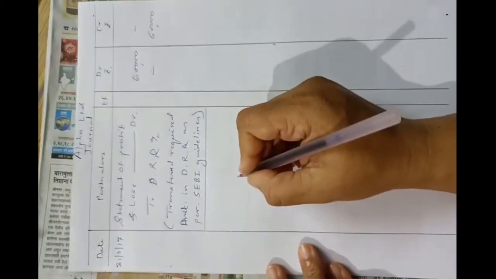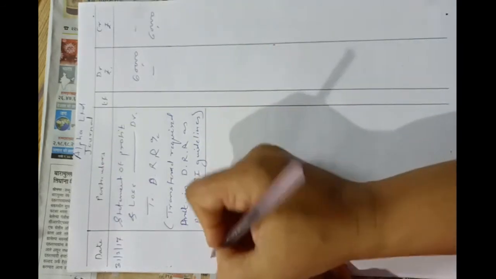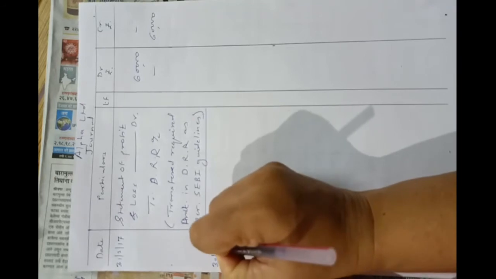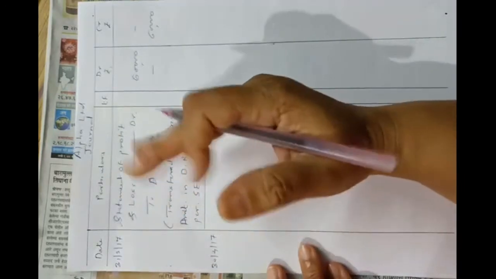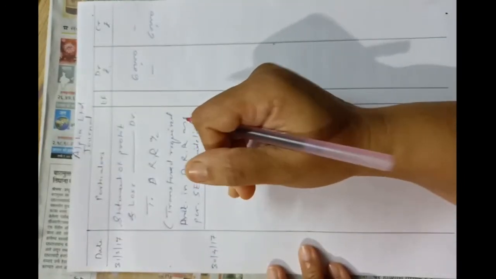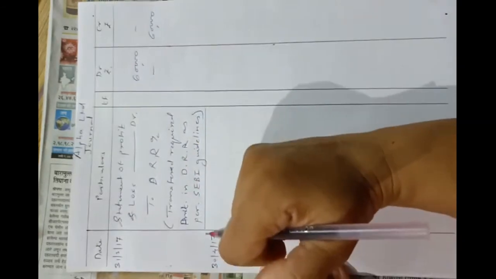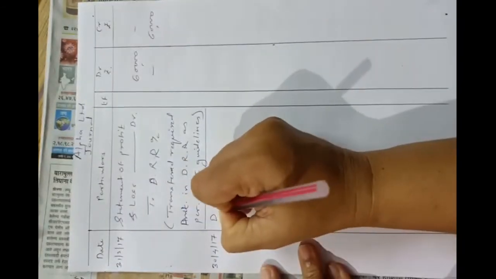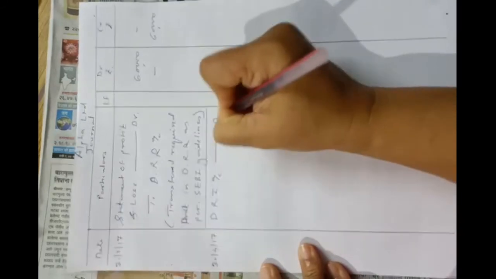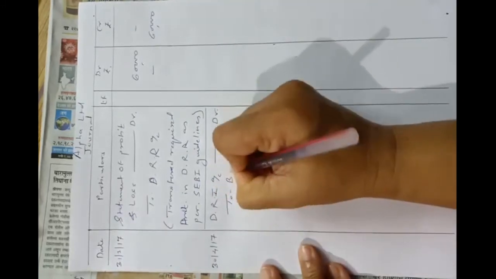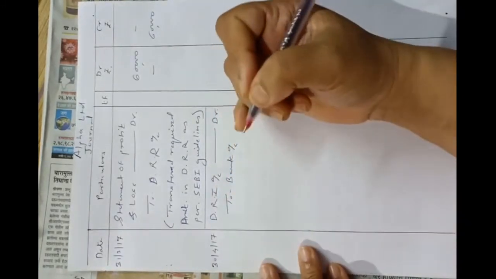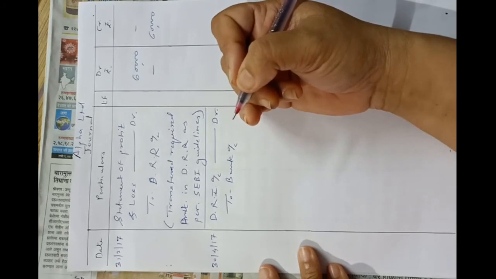Now entry of investment made. Investment will be made on or before 30th April. So 30th April 2017, the year will start on 1st April 2017. Till 30th April they can make the investment of 15% amount anytime. So on 30th April 2017, debenture redemption investment account debit, to bank account. Amount due on redemption is 10 lakhs and 15% of 10 lakhs will be 1,50,000.